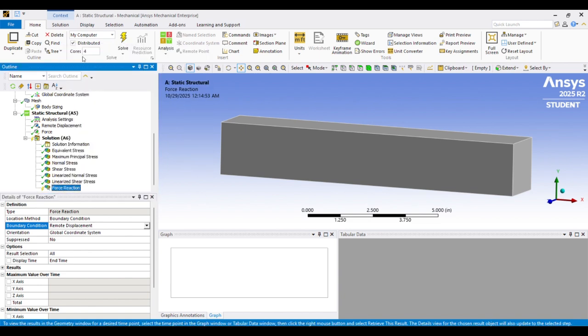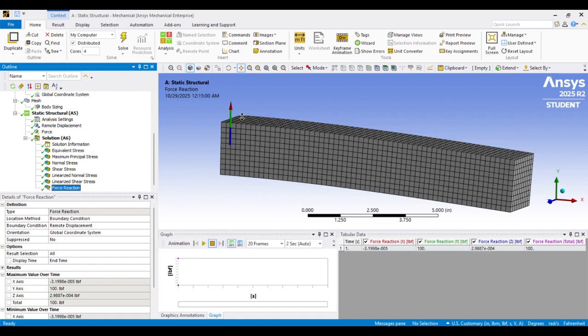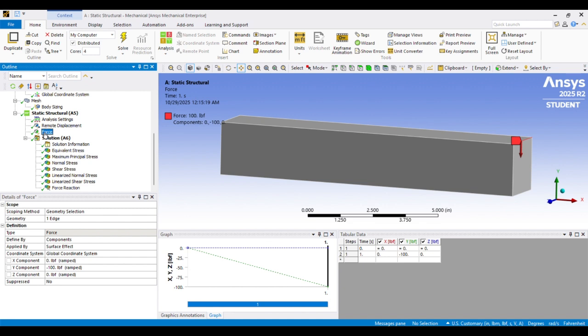Then right-click, Retrieve this result, and ANSYS will show you the reaction force vector. And we see that it's 100 pounds in the y direction, and basically 0 for x and z. And the total reaction is 100 pounds. So that lines up with our calc, and that makes sense because we only applied a 100-pound load down in the y direction, or negative 100 pounds in the y direction.